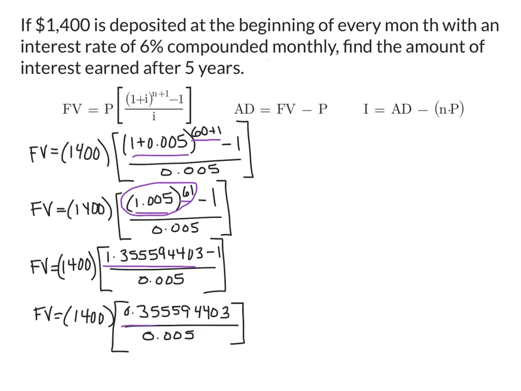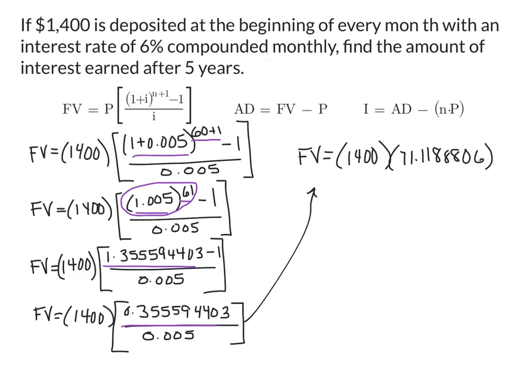You'll get 0.355594403. Keep that number in your calculator and select the division sign and then 0.005. Now we have that the future value equals 1,400 times 71.1188806.